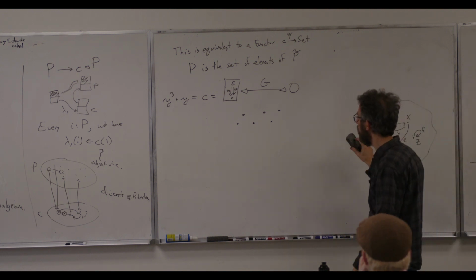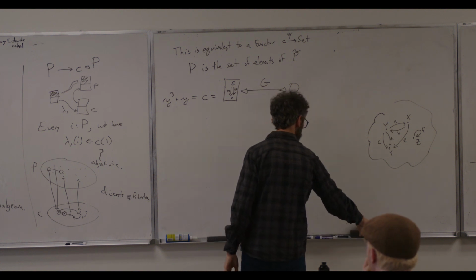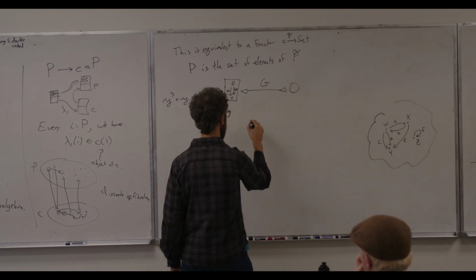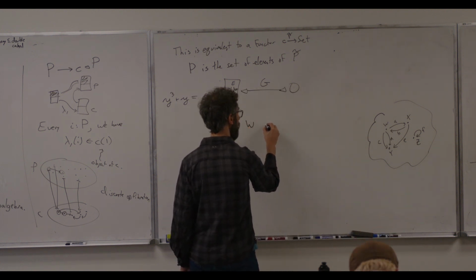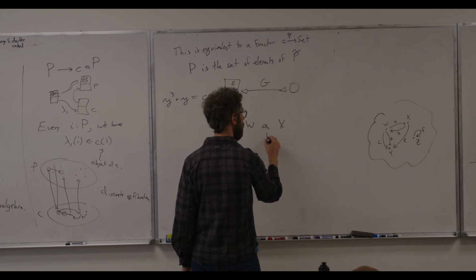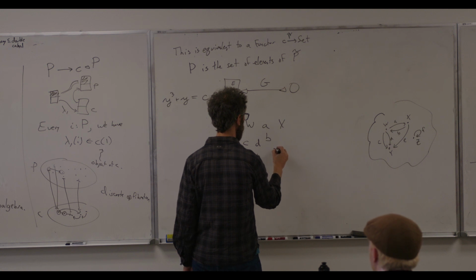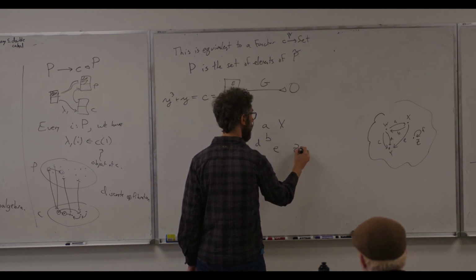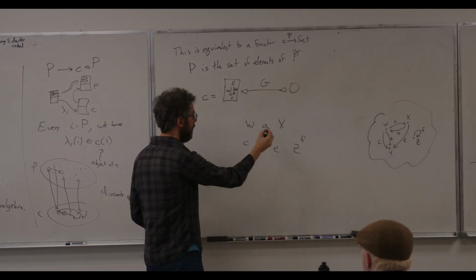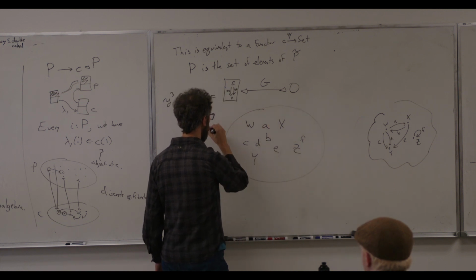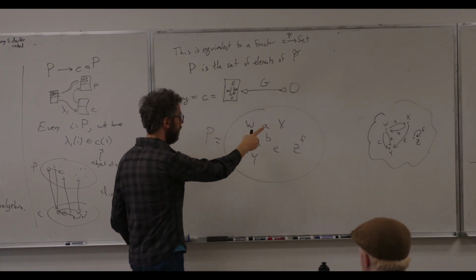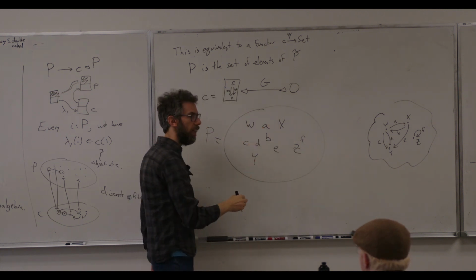And the P that we're getting will be the category of elements, or the elements of this. So that'll be W, A, X, B, Y, C, D, E, Z, F. So this is P. P has 1, 2, 3, 4, 5, 6, 7, 8, 9, 10 elements in it.